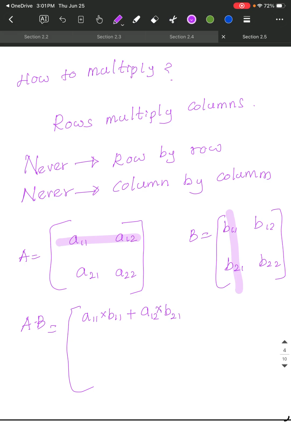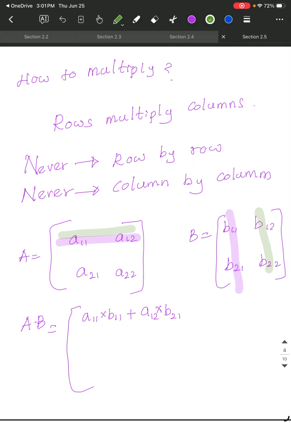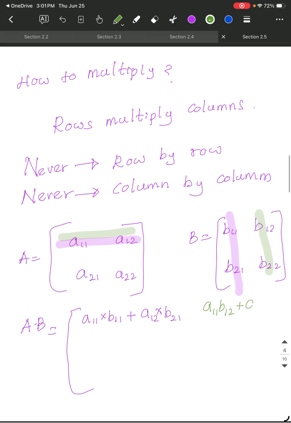Next, first row, second column: A11 times B12 plus A12 times B22.